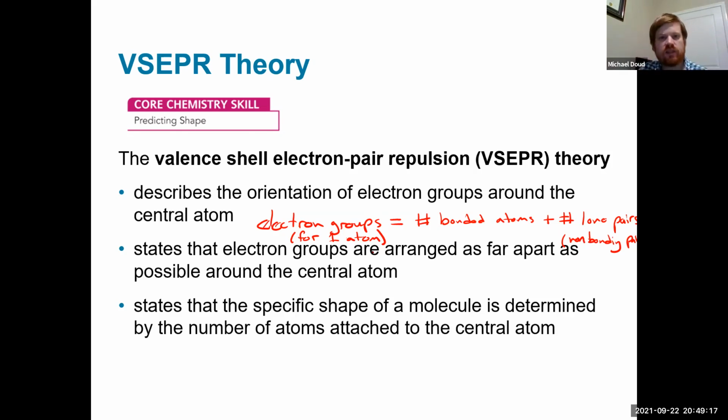Likewise, any lone pair of electrons is also negatively charged. And so to minimize that repulsion, they're going to get as far away from each other on this central atom as they possibly can. And so VSEPR theory says that the shape of the molecule is going to be determined by the number of atoms and electron groups that are attached to the central atom.